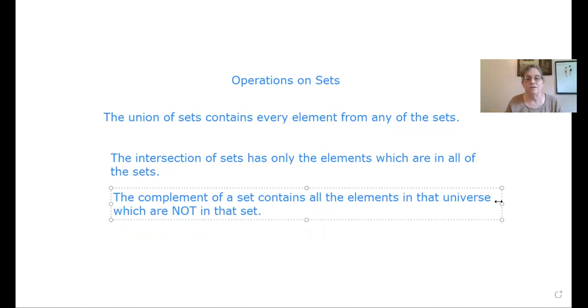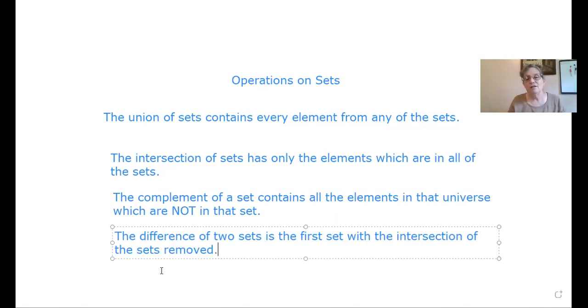The complement of a set would be the opposite of the set. The complement is going to contain all of the elements from that particular universe for that particular problem which are not in that set. So the complement of A contains all the elements that are not in set A.